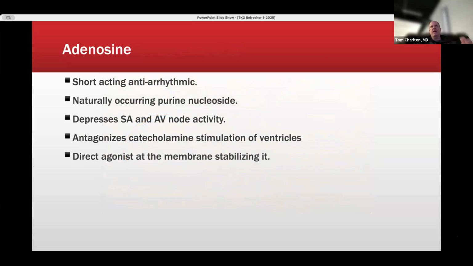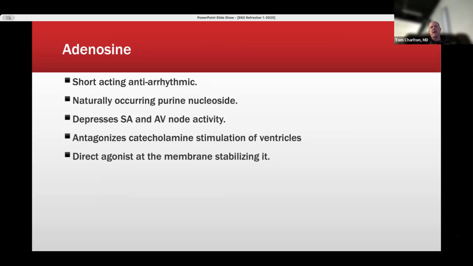The reason this stuff matters is because every single cell in our body uses adenosine. If you think about it, ATP, the energy store that we use within the cell, is adenosine triphosphate. So every single cell that this adenosine is going to come into contact with, it wants to suck that up. We need to make sure that we get enough of it to the heart intact all at the same time in order for it to do its job.